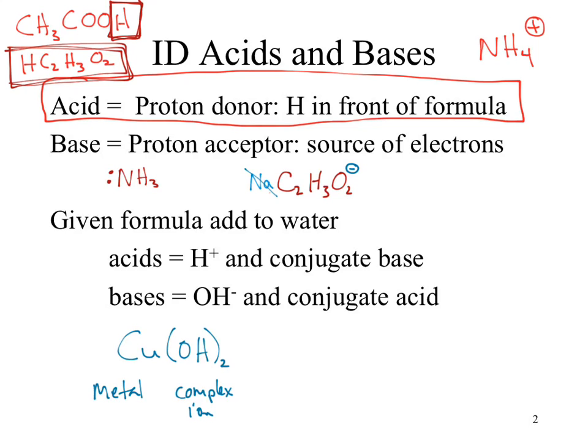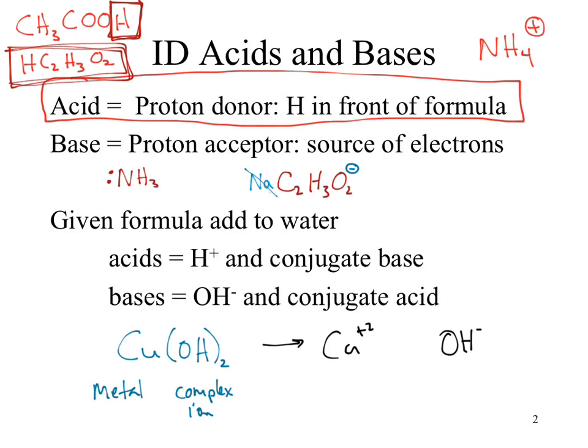An ionic bond. What happens to ionic bonds in water? They dissociate. They may dissociate to varying extents, but they will dissociate. Which means, if we're going to predict this reaction, we're going to see copper ion and hydroxide.